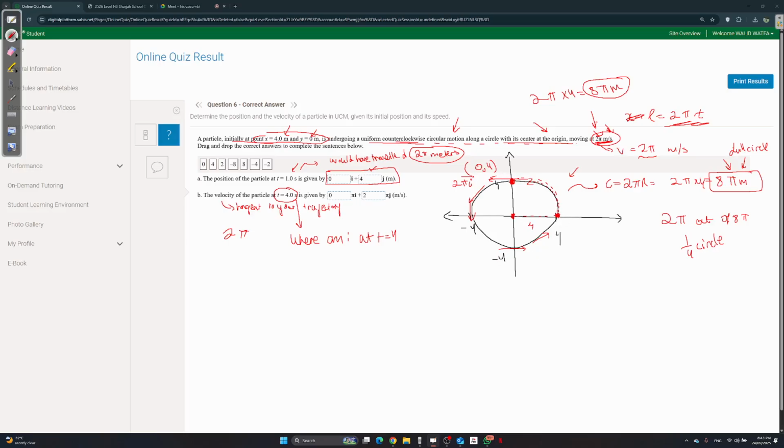The same position. So what's the tangent at this point? Like this, vertical, right? So it only has a j component, and that is 2 pi j. 0 i. There's no i.